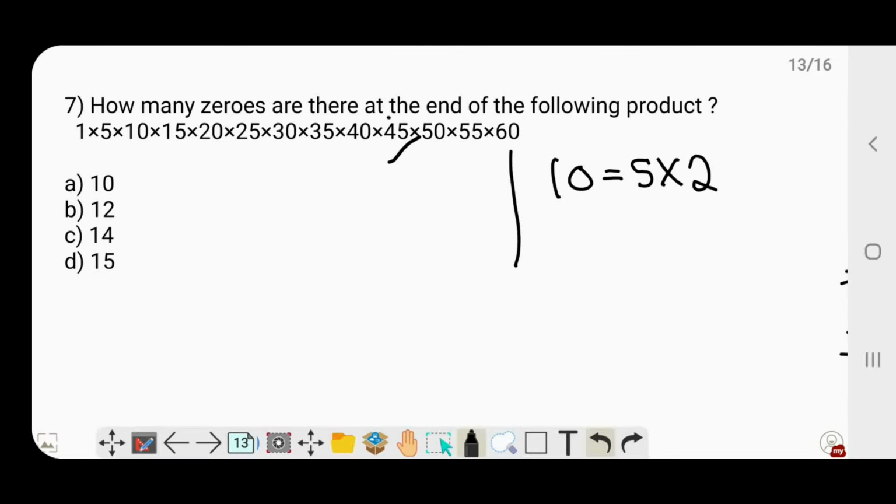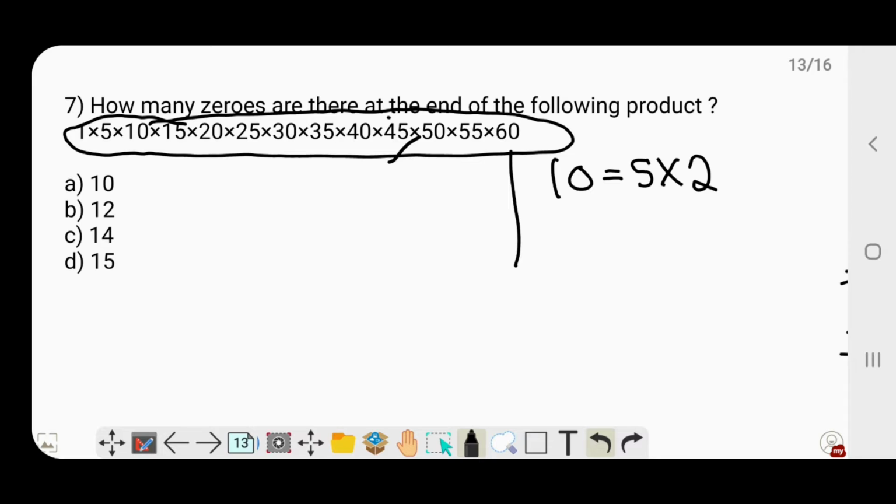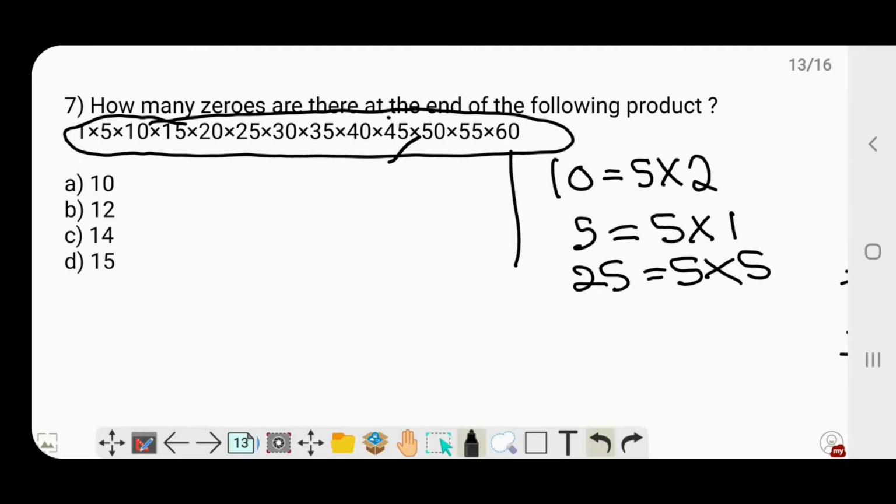So what we need to do is find the combinations of 5 and 2 in this product. Like for example, 5 can be expressed as 5 into 1 and 25 can be expressed as 5 into 5. So wherever we find 5 or 2 as a factor in these numbers, we need to bring it out. So let's do it one by one.